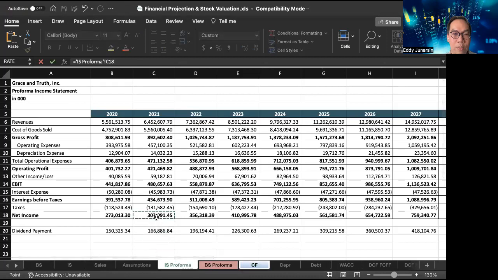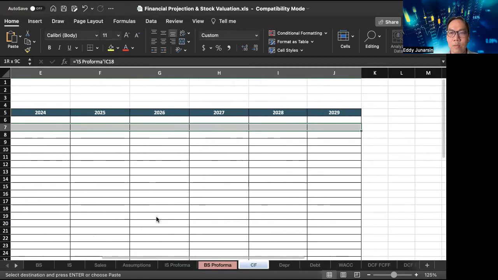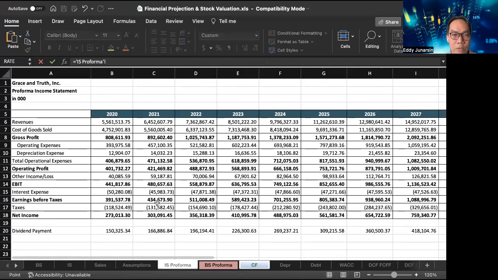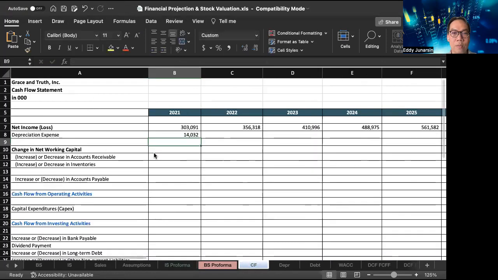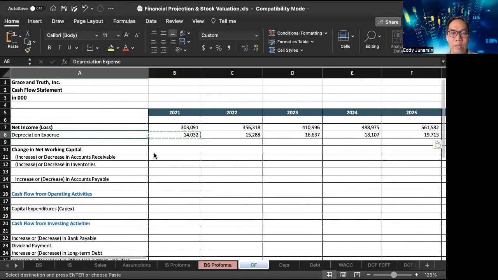Yep. Depreciation expense. Yeah, we link it also. Depreciation expense. So again, this is the indirect method of creating the pro forma cash flow statement.